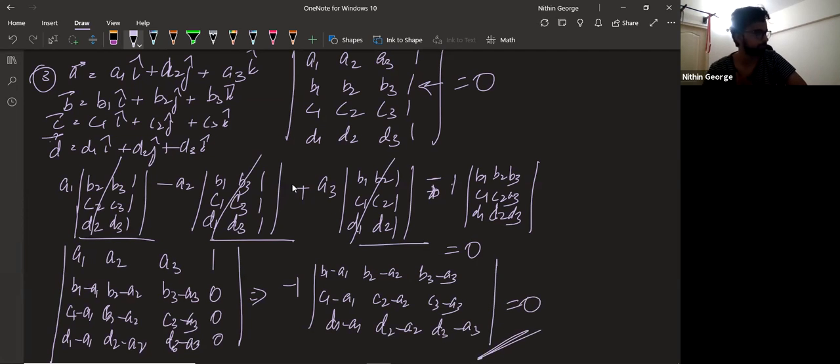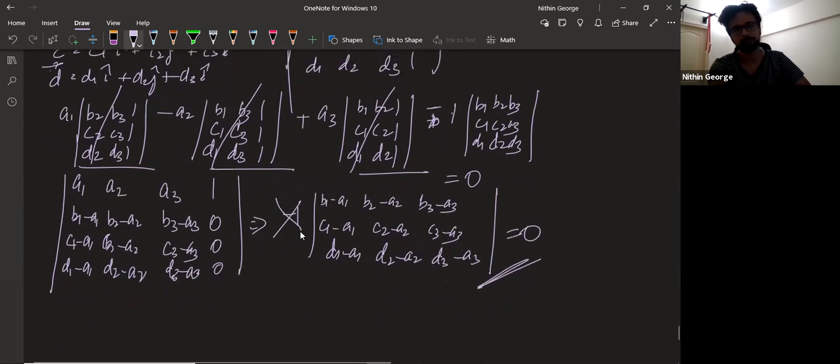Okay, guys? Think of it as making 3 vectors from the 4 points given and finding if they are coplanar. That is what you're doing. You formed AB vector, AC vector, and AD vector from this, right? So this minus 1, you can just remove, since you are equating it to 0.